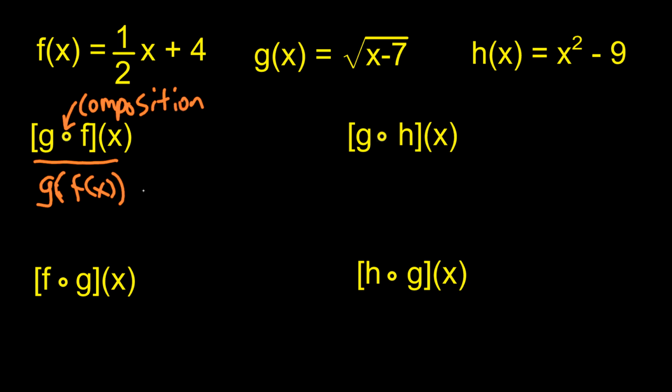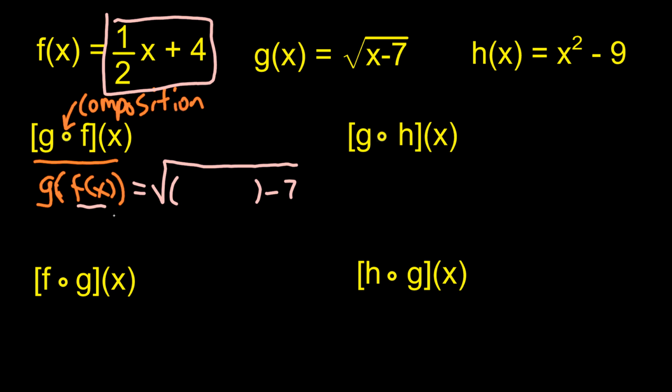For g of f of x, we're going to start with the g function, which is the square root of x minus 7. And then what am I plugging in for x? Well, I'm plugging in the f function because it says we're doing g of f of x. So under the square root, we're going to do 1/2 x plus 4.